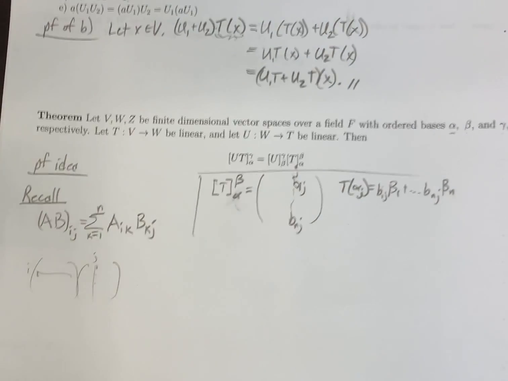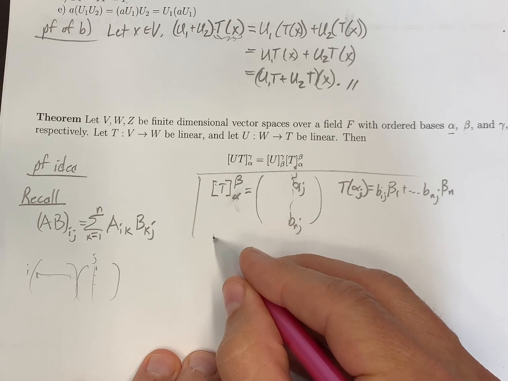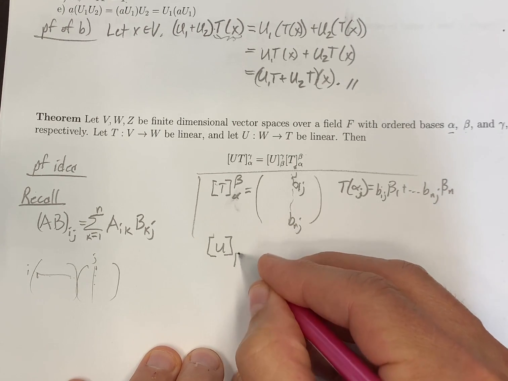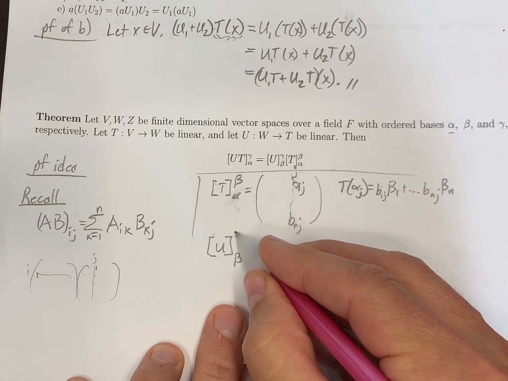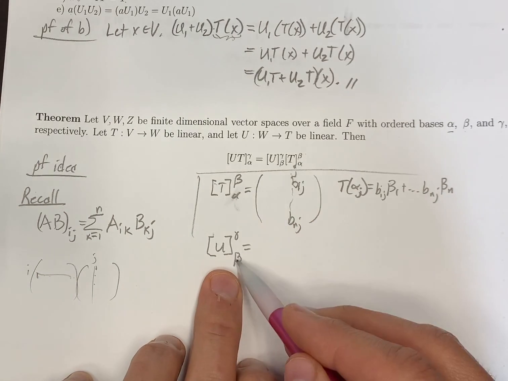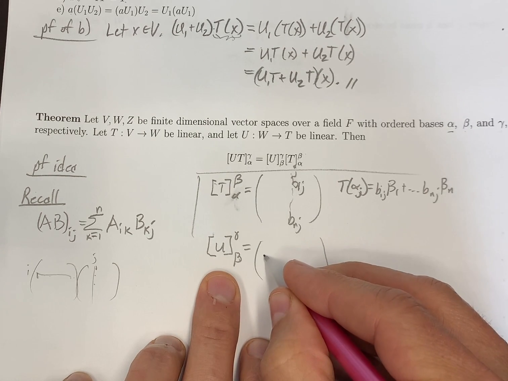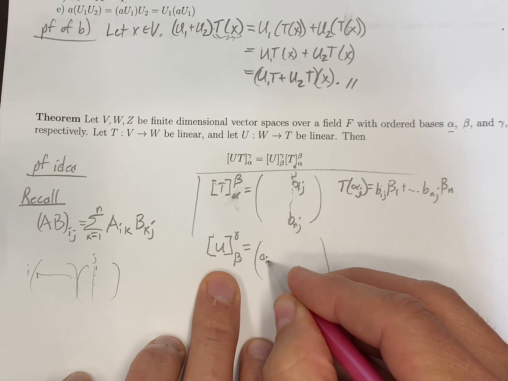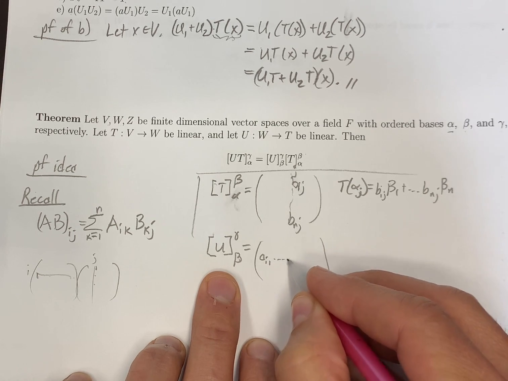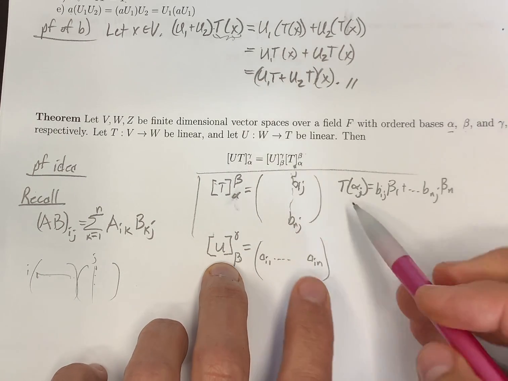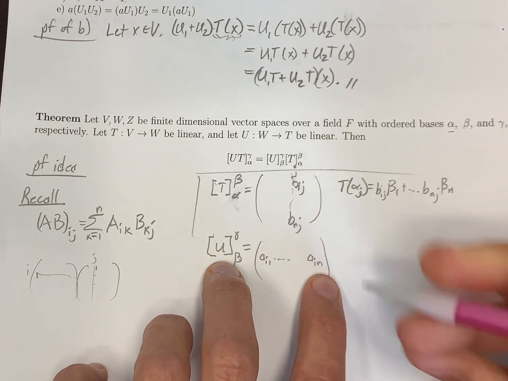Well then, what would the ith row of U beta gamma be? Well, if you think about that, if that was like a_i1 out to a_in, and incidentally, to multiply these matrices, that n has to be the same, right?